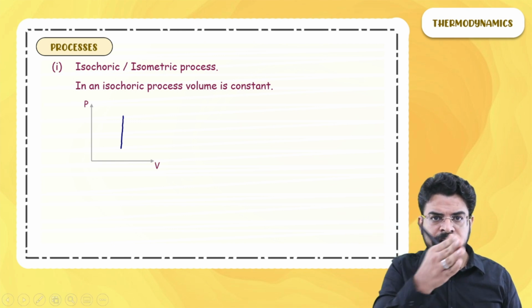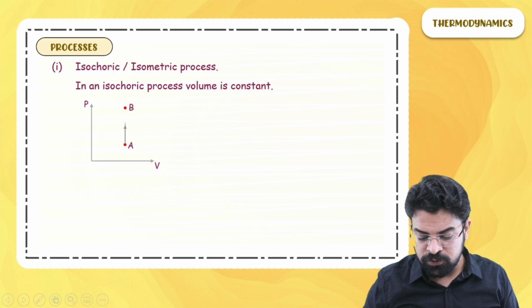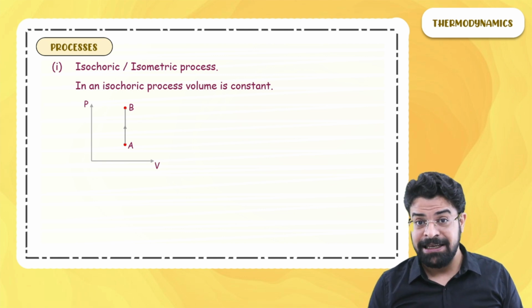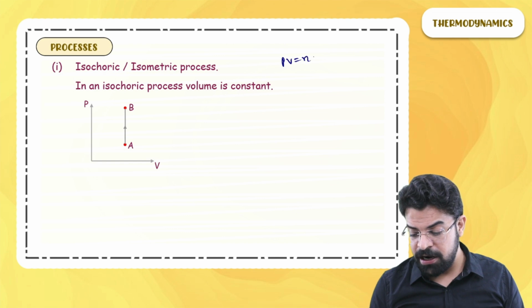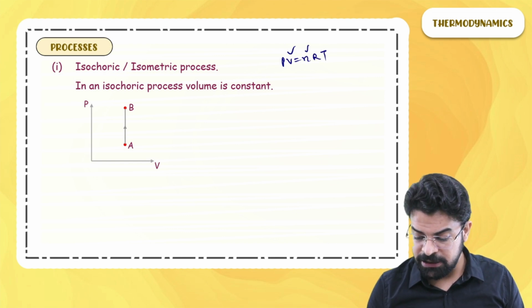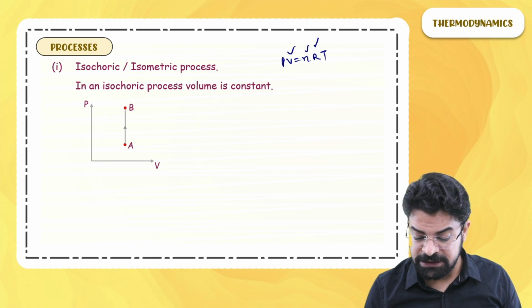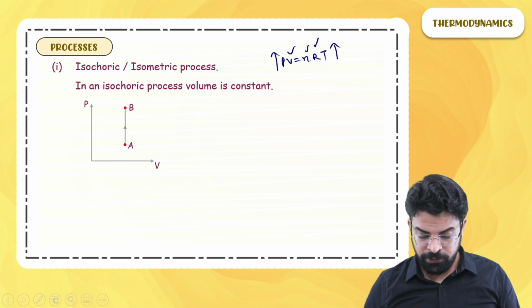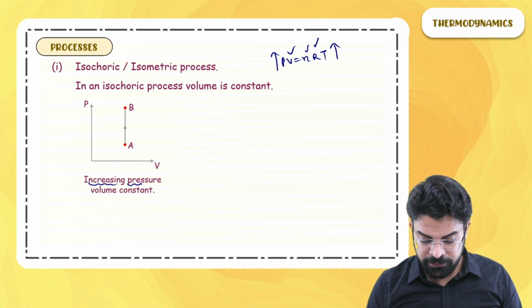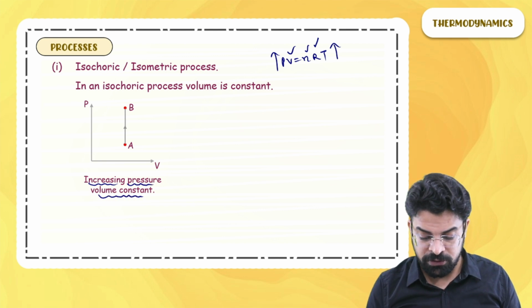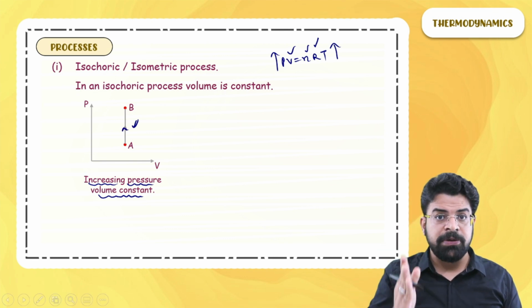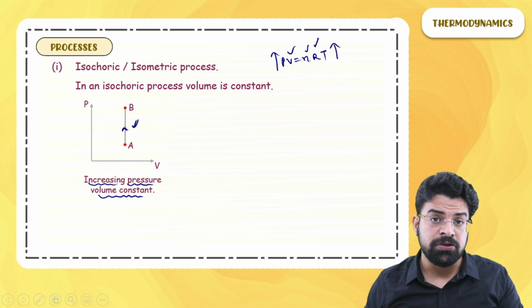Let's say the gas goes from state A to state B. The volume is constant, but the pressure is increasing, and from PV equals nRT, with N and R constant, the temperature of the gas must also be increasing.